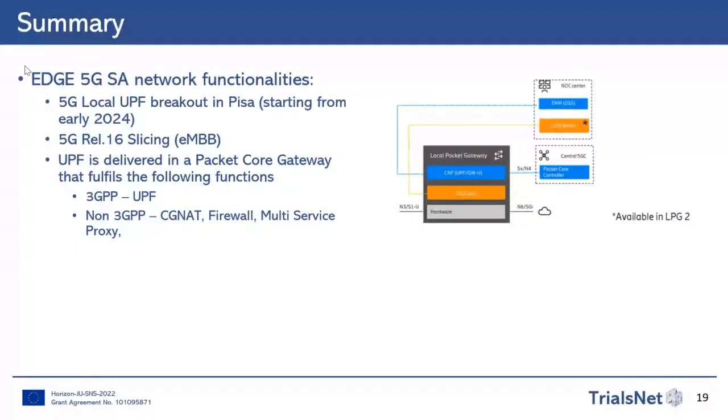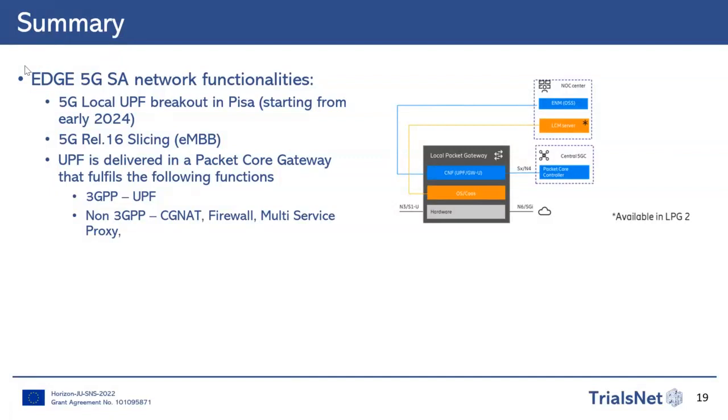So, in summary, we have an Edge 5G standalone network with local UPF functionality in Pisa starting from early 2024, and the slicing will be MBB.